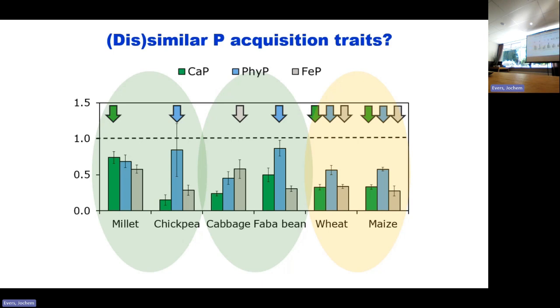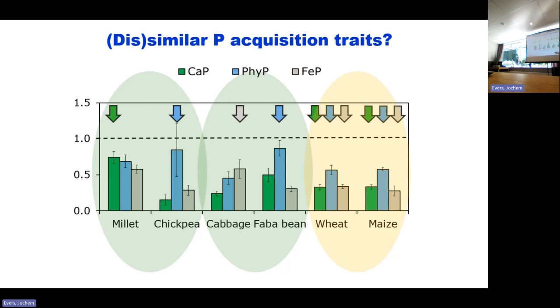The ratio is calculated as the P uptake from each sparingly soluble P divided by the most available P. If the ratio is around 1, that means this species can use calcium P, phytate P, or iron P very effectively, as effectively as the most available P. That means its P uptake ability from the sparingly soluble P sources is very high.